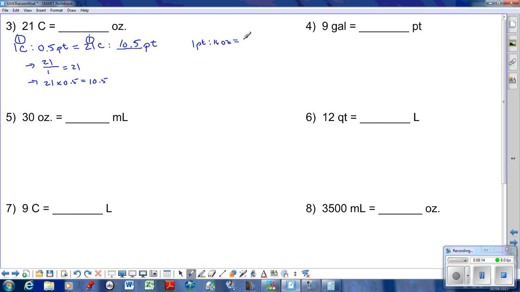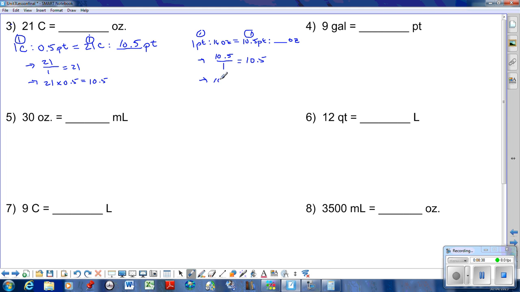Right now I have 10.5 pints, and I want to know how many ounces that gives me. Same process, so this one is a longer question. You take the 10.5, the first term, so it matches up with this one. We divide it by 1, and we end up with 10.5 as our factor.